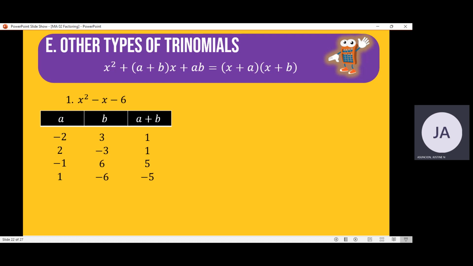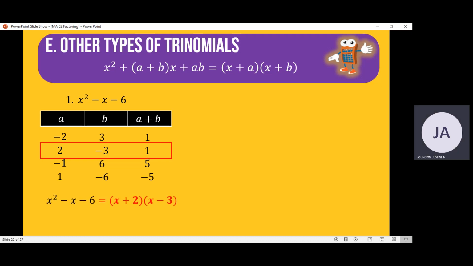For instance, we have negative 1 and 6. When we add them, the sum is 5. 1 and negative 6, the sum is negative 5. So in this case, we use the factors 2 and negative 3. Again, correction, it should be negative 1. 2 plus negative 3 is negative 1. So if that's the case, we can utilize that.